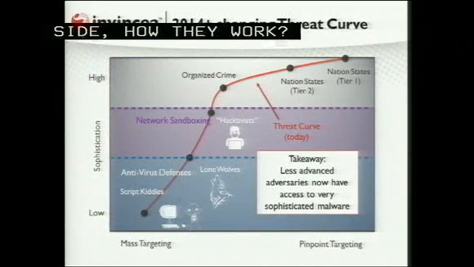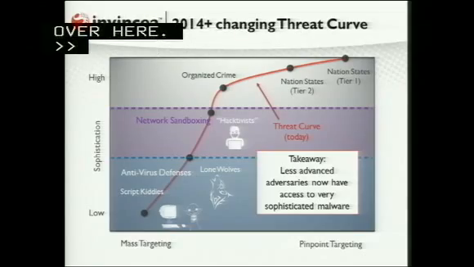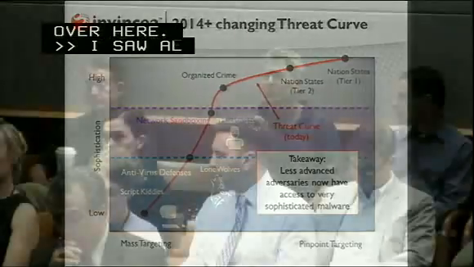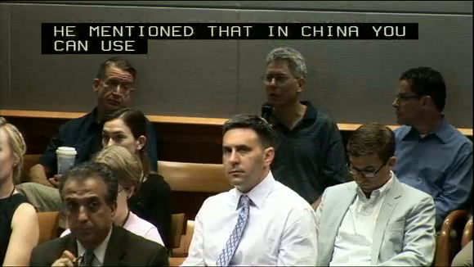I saw Alex Stamos' internet presentation on cybersecurity, which was really frightening. And one thing he mentioned is that in China, they have these offices where they have big racks of commercial off-the-shelf cybersecurity equipment.